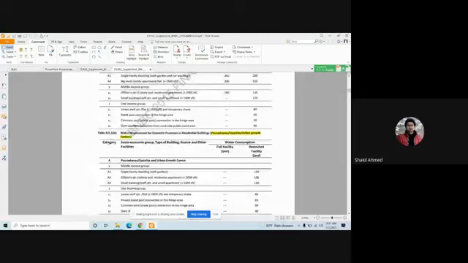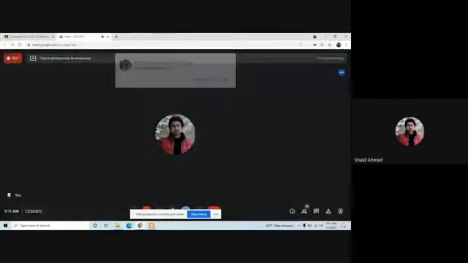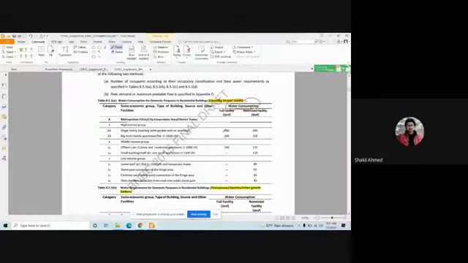Anyway, look at this table 8.5.1, water consumption. Do you see? This is water consumption. That means what? This is fresh water demand, right? Are you following me? Can you see this?